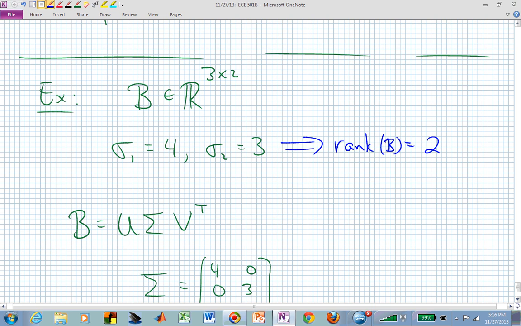So that means I have 2 linearly independent columns and 2 linearly independent rows. So there is some redundancy in the rows of B, and that's why now my U can be partitioned as a U1 and a U2. My V is just going to be V1, and I don't have any null space vectors to worry about in this matrix B.